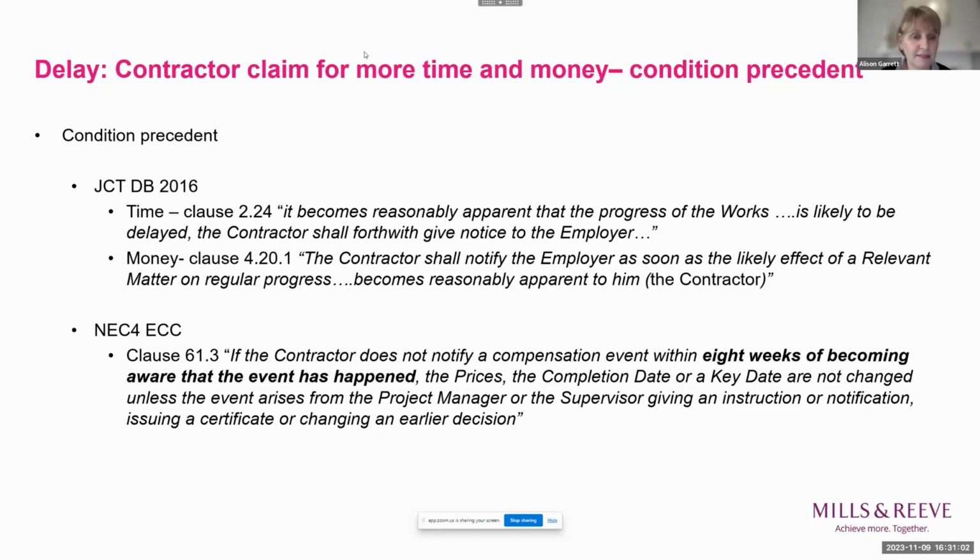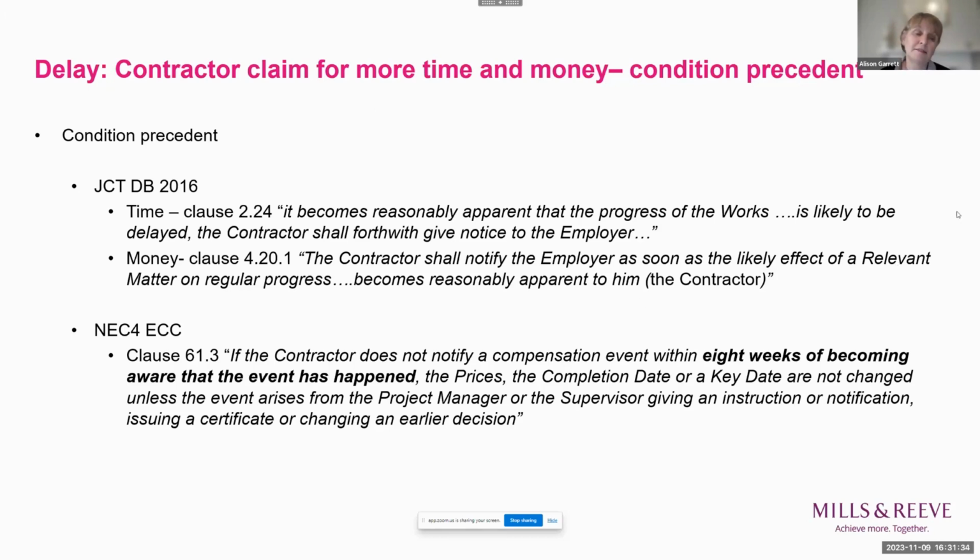Compare that with NEC4, where we have at clause 61.3 the following clause. If the contractor does not notify a compensation event within 8 weeks of becoming aware that the event has happened, the prices, the completion date, or a key date are not changed. And then there's a large carve out here, unless the event arises from the project manager or the supervisor giving an instruction or notification, issuing a certificate, or changing an earlier decision.